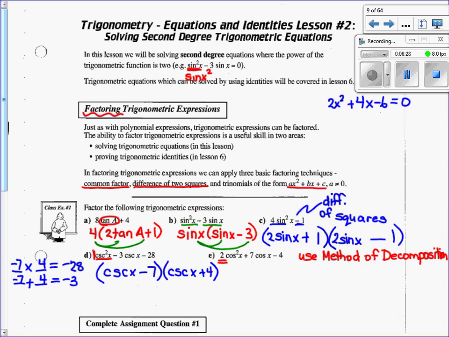Now because I don't have just x squared, I've got some coefficient in front of x squared, remember, that's where you take the 2 times negative 6 to figure out two numbers that will multiply to give you negative 12, and those same two numbers that will add to give you positive 4. Well, those numbers would be 6 and negative 2.